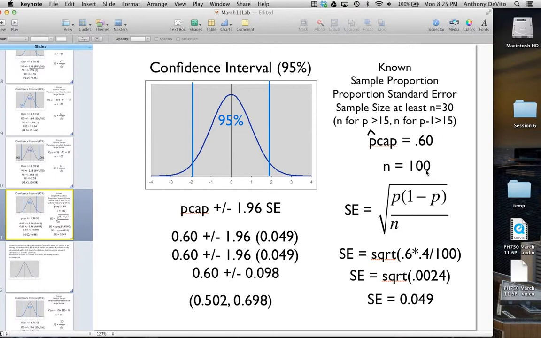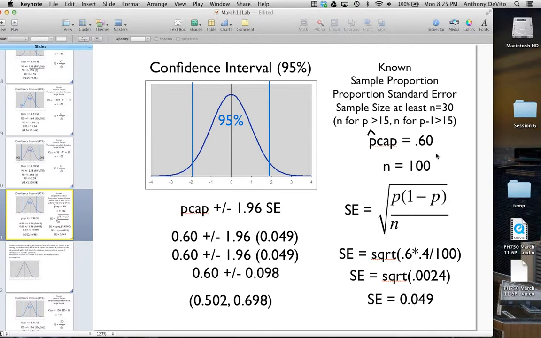So we do a survey of 100 people. 60% of that 100 people say that they've experienced that. We're going to call that proportion, 60 out of 100 people, or 0.60, P cap. I added the cap there because frequently I'll type it out instead of using the P with a little caret on top, so you'll see me do it either way. So P cap is equal to 0.60.